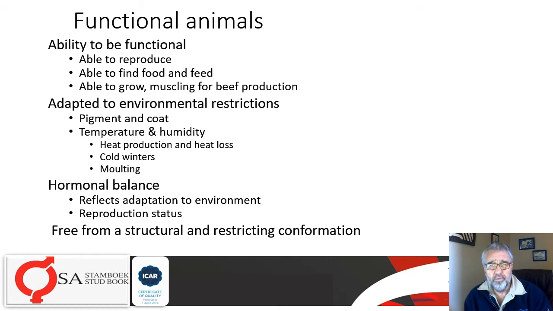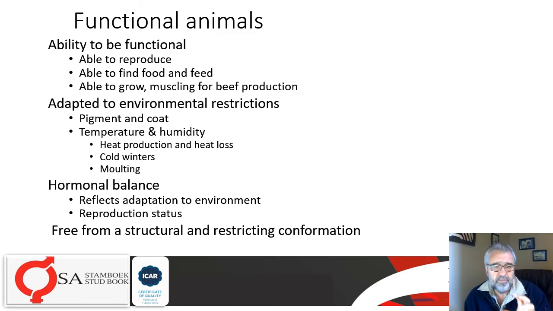Usually they are your more adapted animals. They shed their winter hair quicker than the others, and they are usually better adapted, and it's also part of the hormonal balance. And obviously, like I alluded, reproduction status. So those are general things about adaptation.